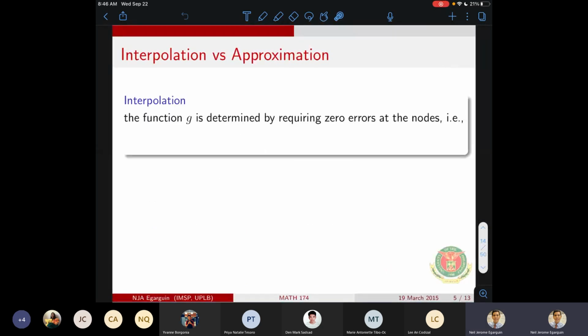Now, interpolation is when we want the function g to exactly mimic the data at the given nodes or at the given information. So ang idea ng interpolation, makakahanap tayo ng function g na dadaan eksakto dun sa data points given in the problem. That is achieved by imposing zero errors at the given x_i.